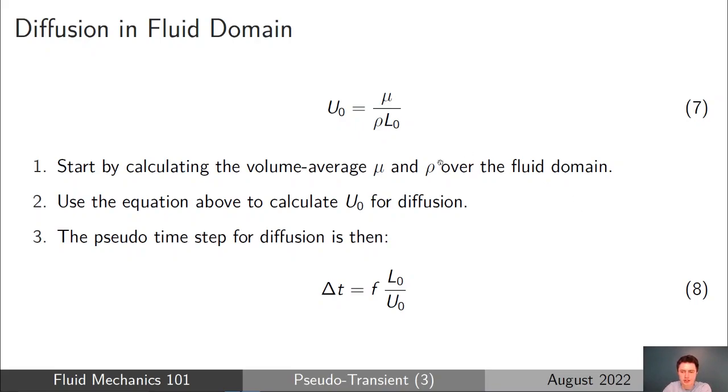Well, what we do is we start at the start of our calculation before our CFD code has even pressed go yet, and we just take the average of the dynamic viscosity and the density over the domain, and then we use the equation above to calculate a characteristic speed for diffusion, and then we use equation 8 where we divide the characteristic length scale by the characteristic speed and take a fraction of that, and that will give us the pseudo time step that we can then increment through our steady state calculation with.